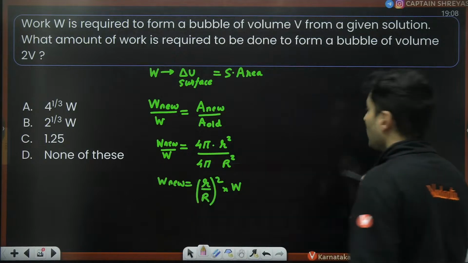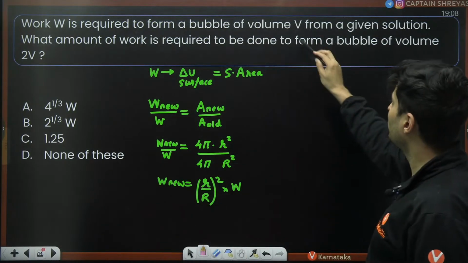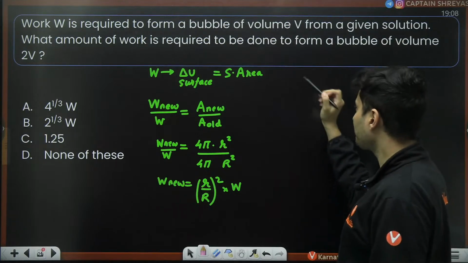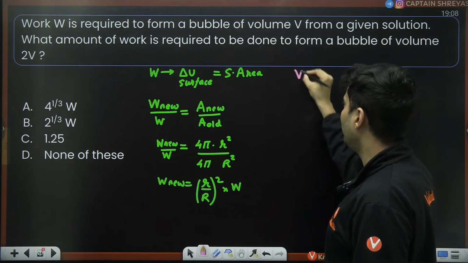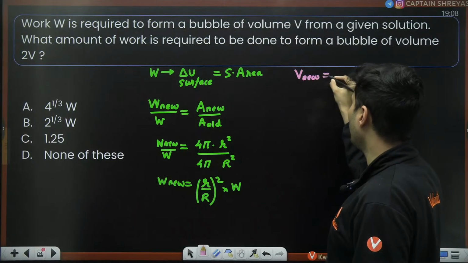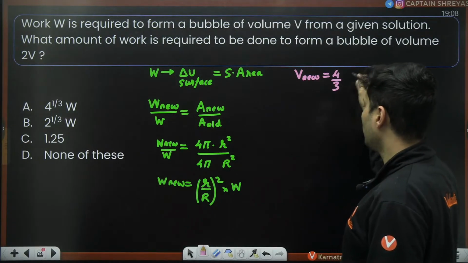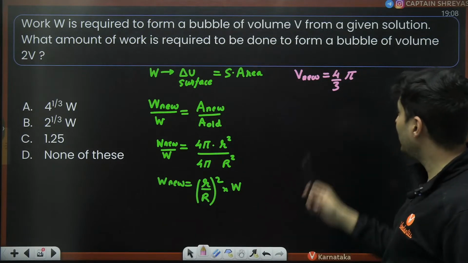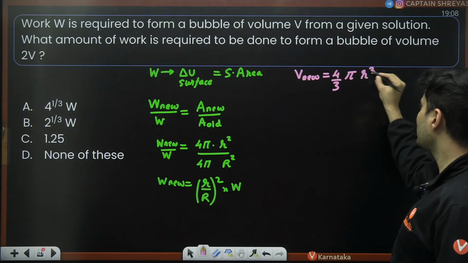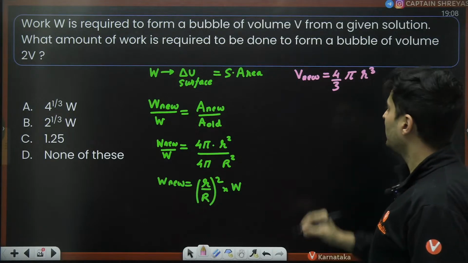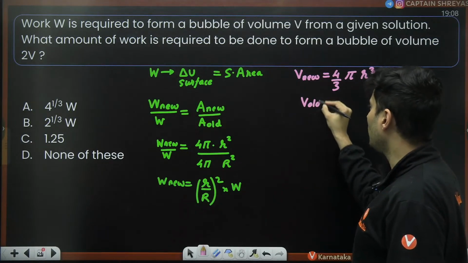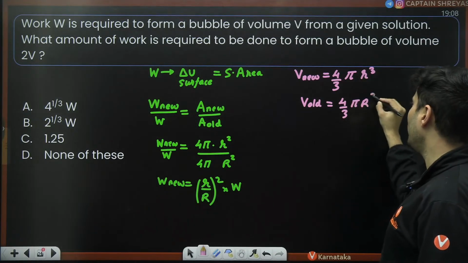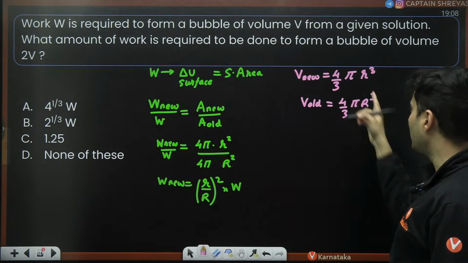No worries. There is data given for the volume V. You are making the volume to be 2V. See guys, the new volume is 4 by 3 pi small r cube. The old volume is 4 by 3 pi capital R cube.